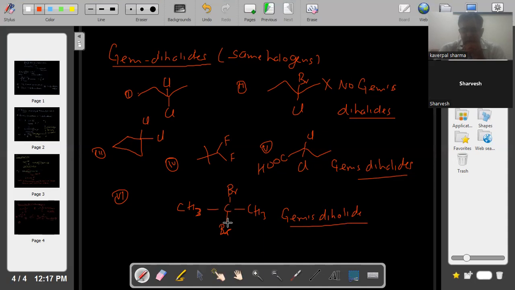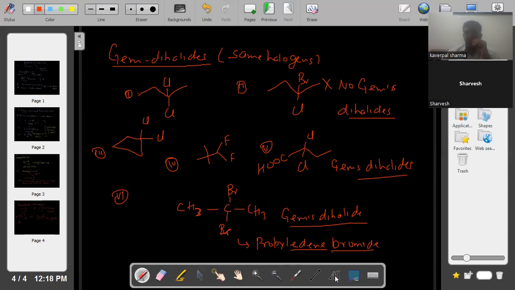This is 2,2-dibromopropane. But it will ask gem dihalide or the common name, propylidene bromide, not dibromide.